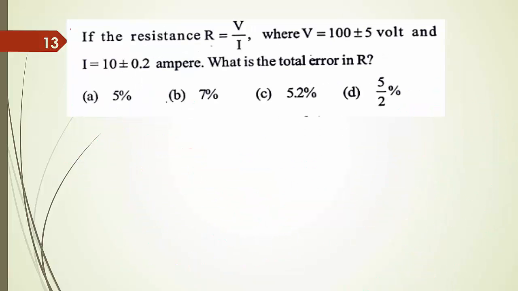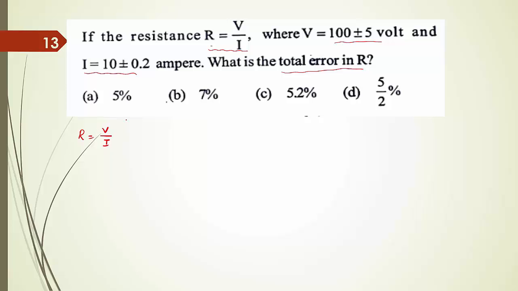Question number 13. If the resistance R equal to V divided by I, where V equal to 100 plus or minus 5 volt and I equal to 10 plus or minus 0.2 ampere, what is the total error in R? So here we can use error in division. Arithmetic operations we can use here. This is error in division because the given equation is R equal to V divided by I. This is a division arithmetic operation.